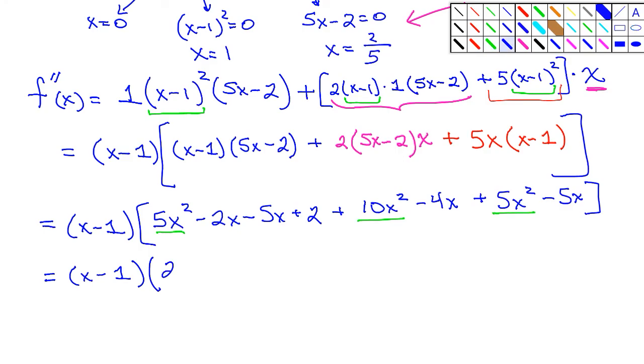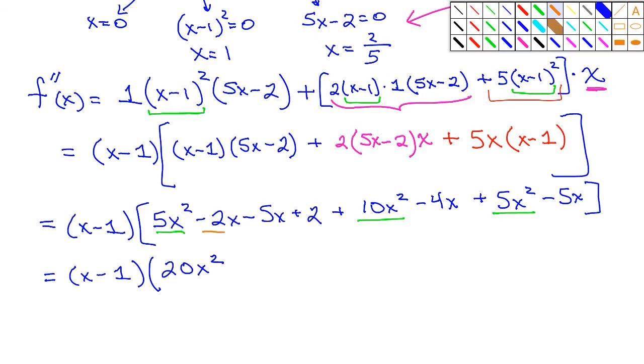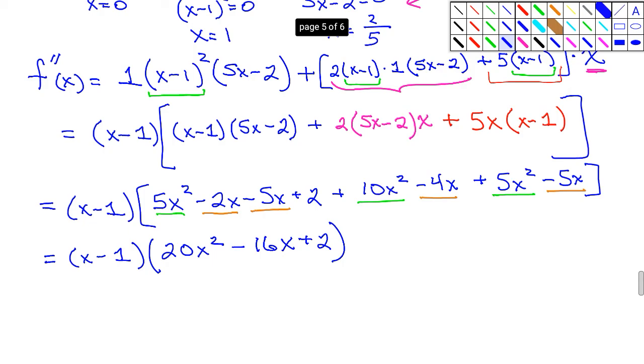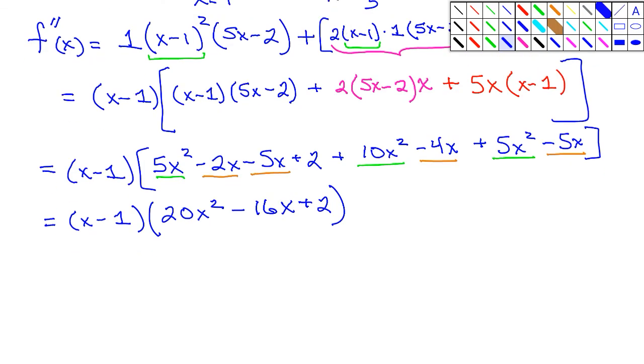So that's 20x squared. I've got negative 2x, negative 5x, negative 4x, and another negative 5x. That's 7 and 9 is negative 16x. And then I've got plus 2. Now, we're not really solving for when this is equal to 0, so that's a good thing. We just want to use it to test our values.